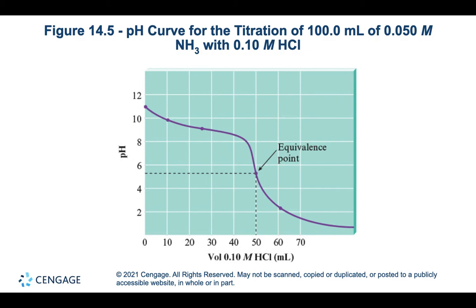That's because when NH3 reacts with HCl, it makes NH4 plus. So at the equivalence point, you have NH4 plus. NH4 plus is actually a weak acid, so your pH is less than 7. At 25 milliliters, it looks like your pH is right around 9. And so what that gives you is the Ka of ammonium, from which you could find the Kb of ammonia.